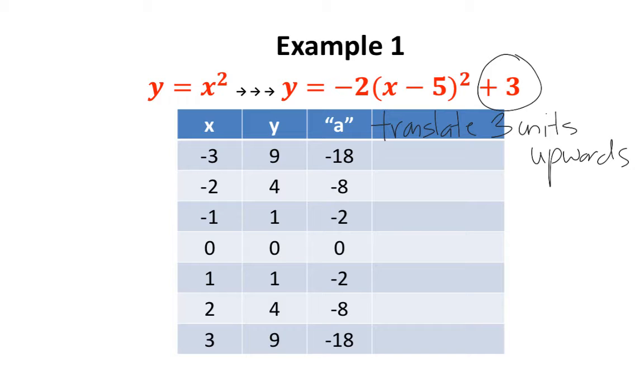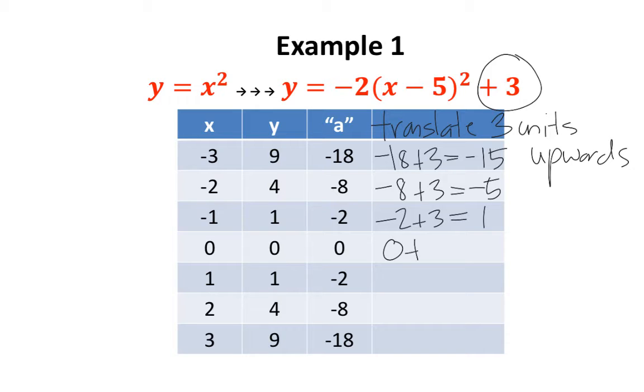So when we move a parabola upwards, all of the y values get more positive, and when they get more positive, that means we add 3. So I'm going to take -18 and I'm going to add 3, which is going to be equal to -15. -8 plus 3 is -5. -2 plus 3 is +1. 0 plus 3 is 3. -2 plus 3 is equal to 1. -8 plus 3 is equal to -5.